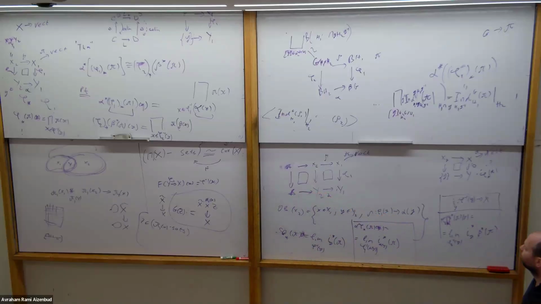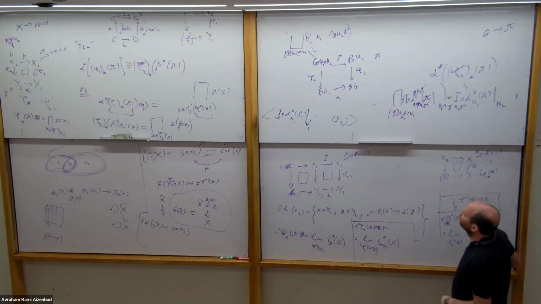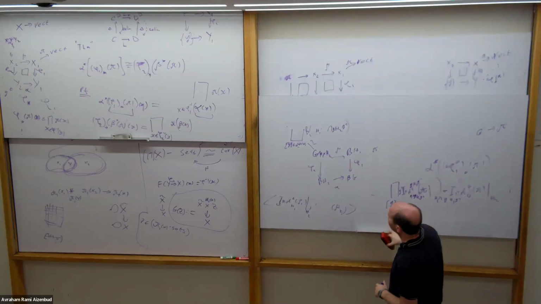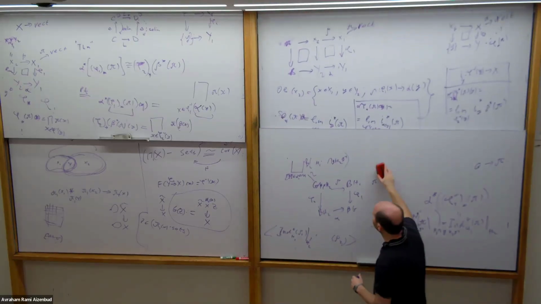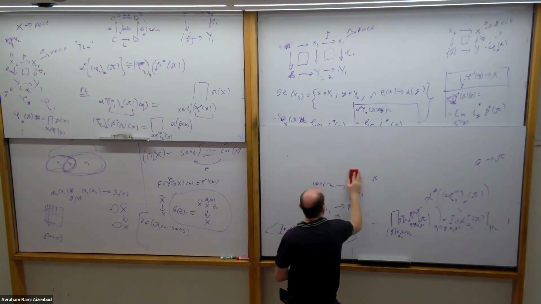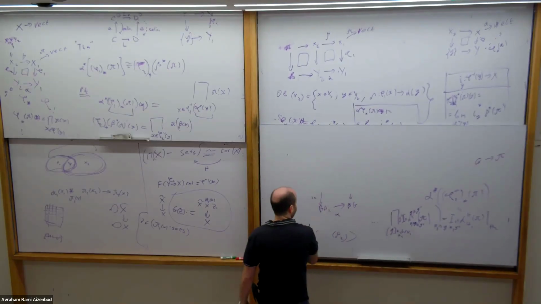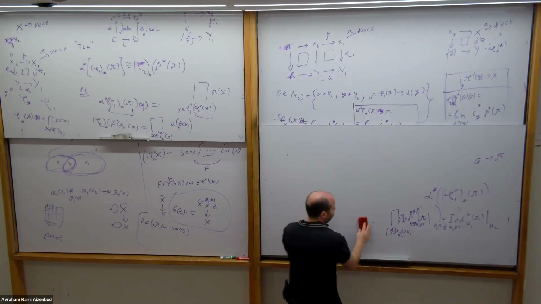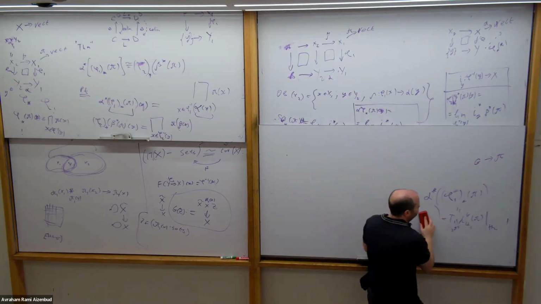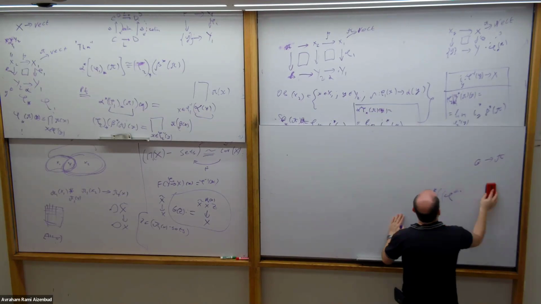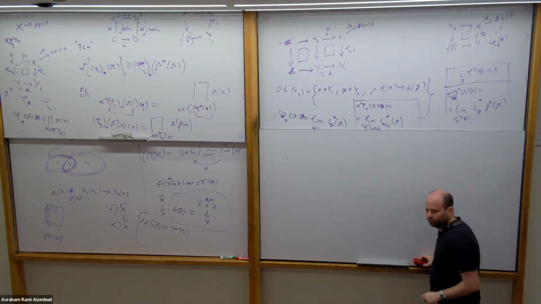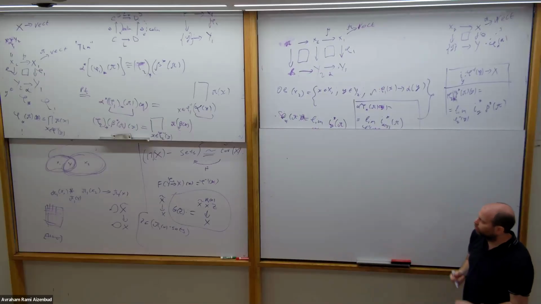And now we have a push out diagram of topological spaces.